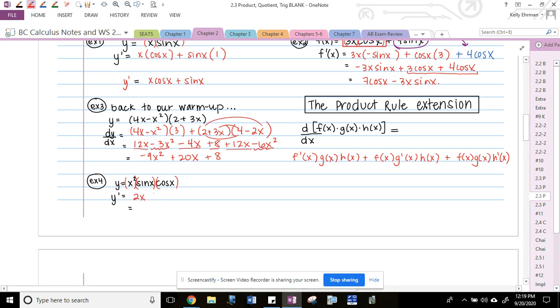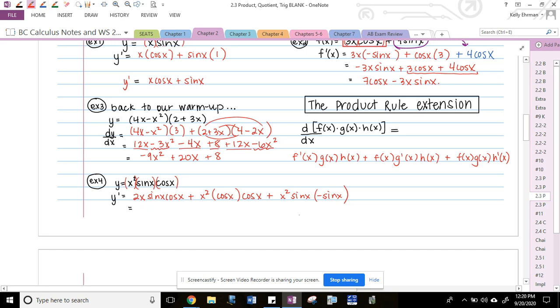I don't want derivatives for the other two. I just want sine x cosine x plus, let's leave x squared the same. Take the derivative of sine x, cosine x, times regular cosine x. And then our last term should be leaving x squared, leaving sine x, taking the derivative of cosine x, which is negative sine x.